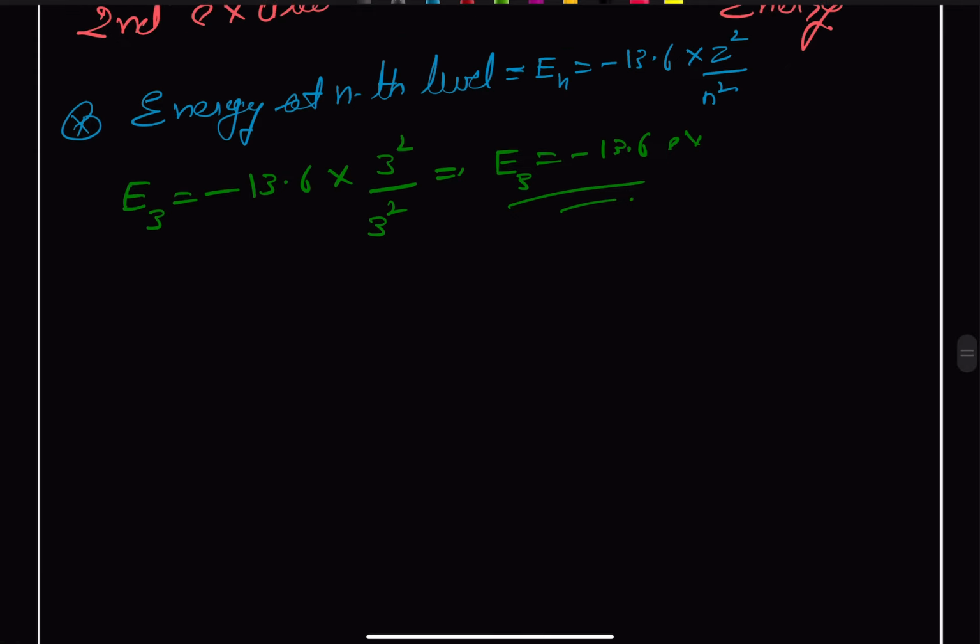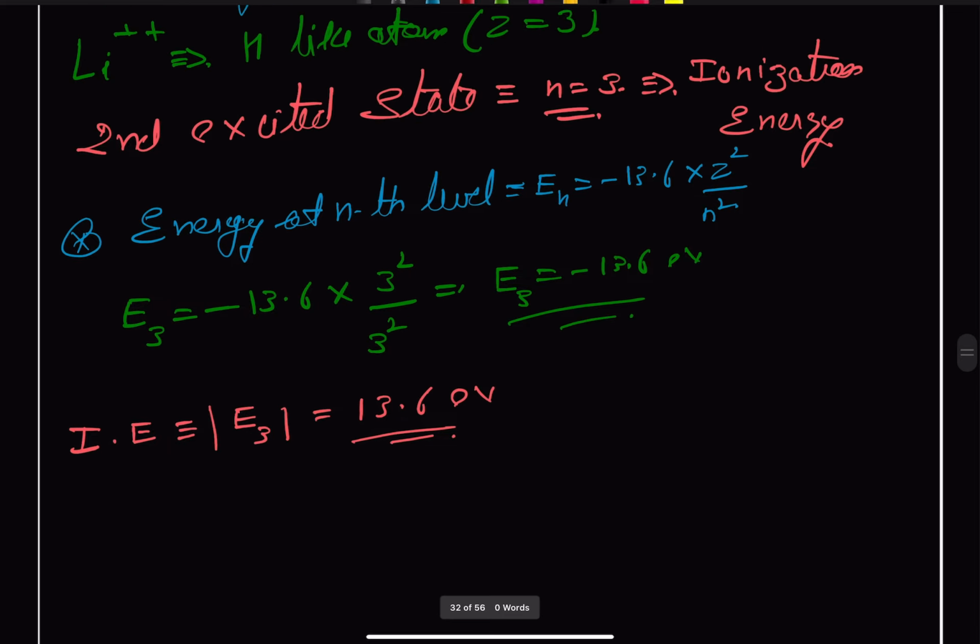For ionization energy, we take the modulus of E of 3, so this gives us 13.6 electron volt.